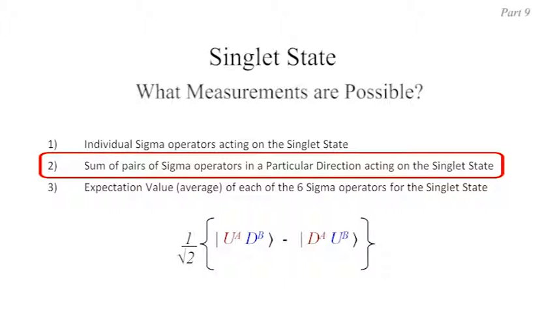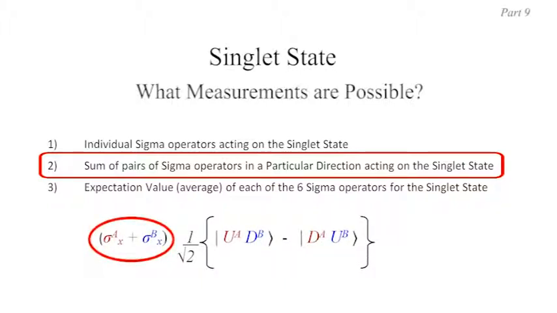Secondly, we could try to use the mathematics to measure the components of the total spin, using the sums of the sigma operators for a particular direction. In other words, we could apply, say, sigma AX plus sigma BX, that whole operator, to the singlet state and see what happens.